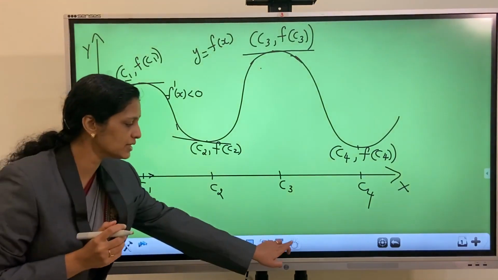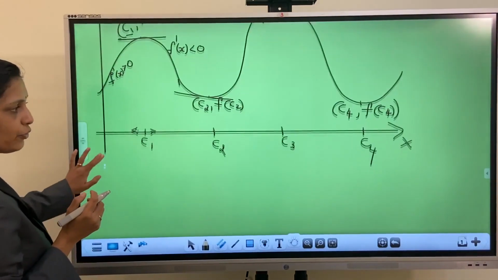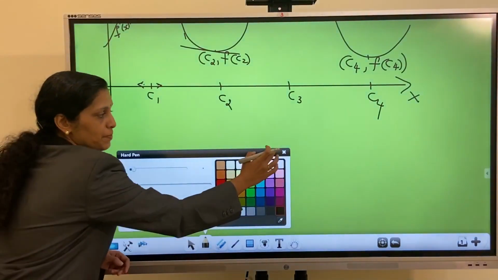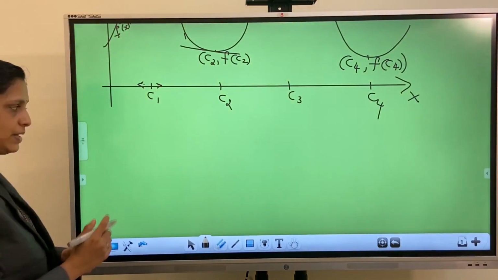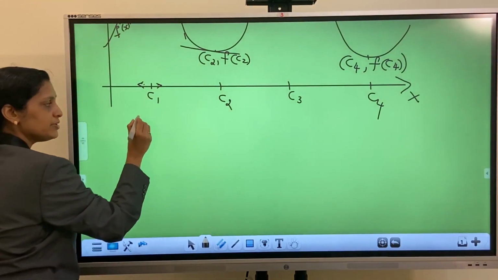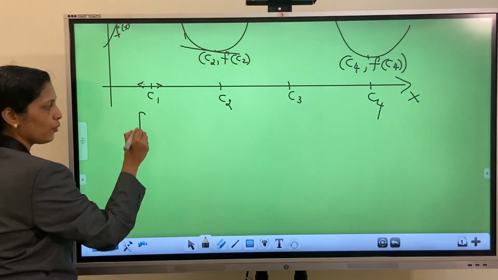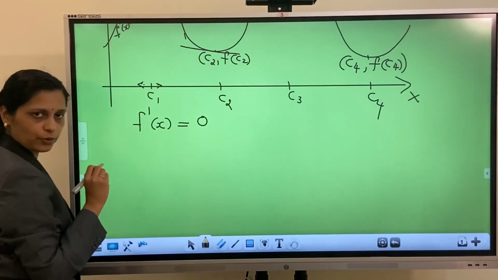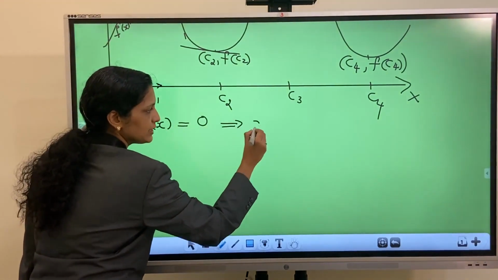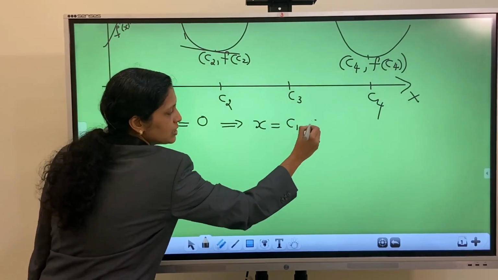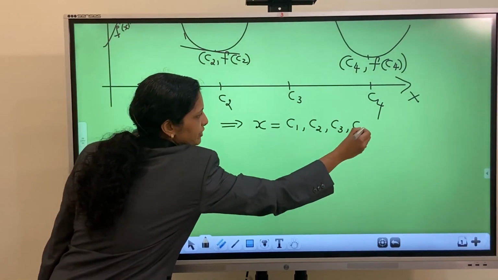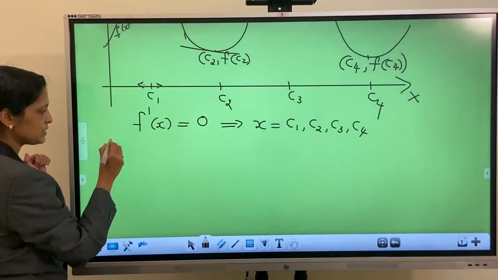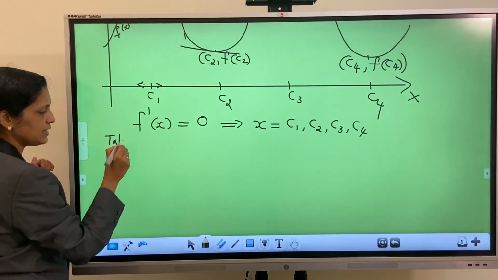Therefore, we can use this as a method for checking whether our critical point is a point of local maxima or local minima. The method is like this. First, you have to find the critical points of our function by putting f dash x equal to 0. Then you will get the critical points as C1, C2, C3 and C4. Then you have to take each. First one, suppose I am taking x as C1.